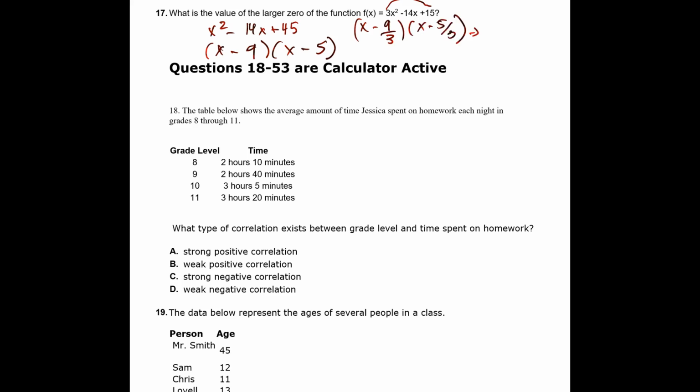This now simplifies to give you x minus 3 times 3x minus 5. So it says, what is the larger of the zeros? This zero is 3, and this zero is going to be 5/3, which makes that 1 2/3. So this has to be bigger.